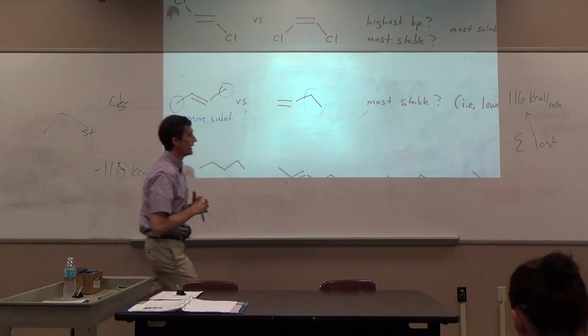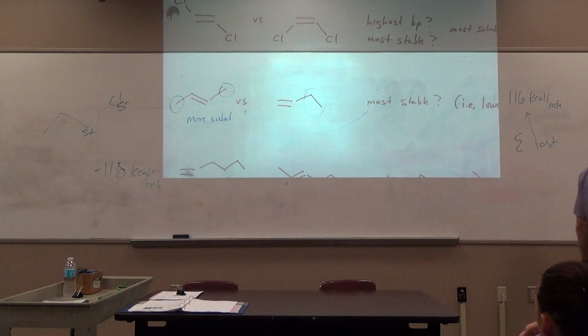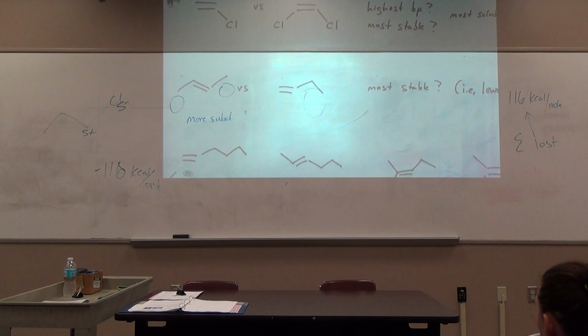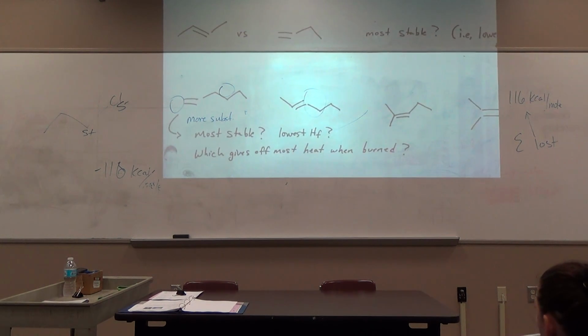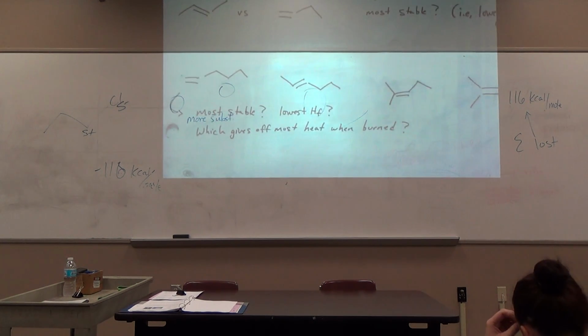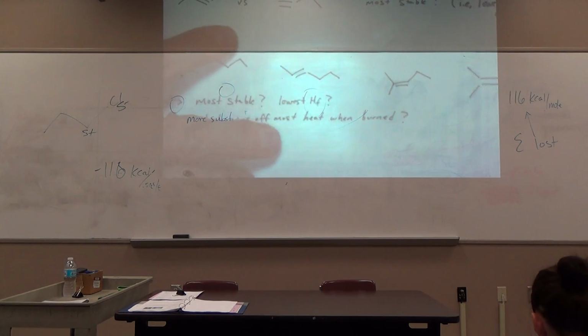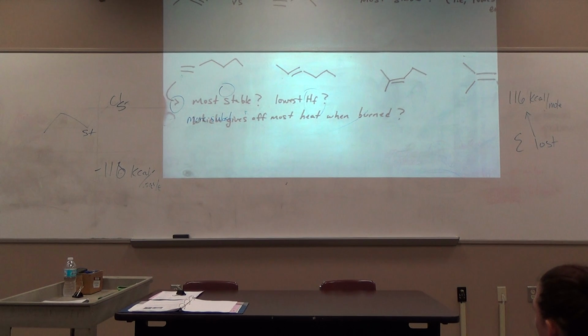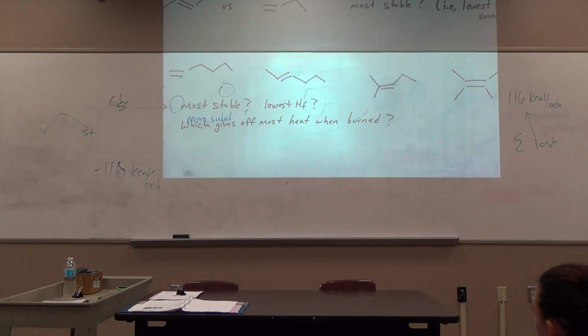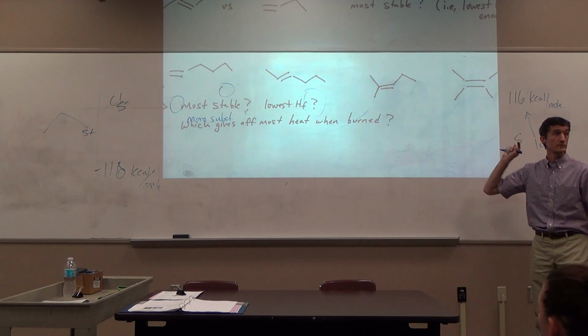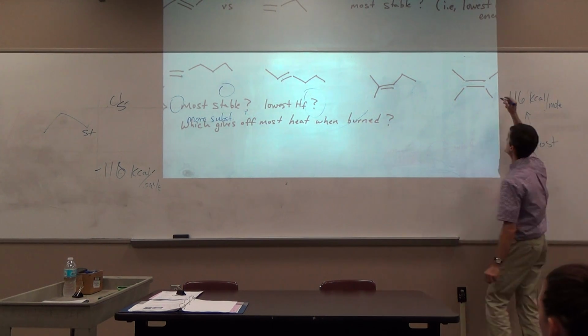Why? Why can be explained below. But before we explain it, tell me which one of these 4 down here is most stable. These 4, they're all isomers. Which one's more stable?